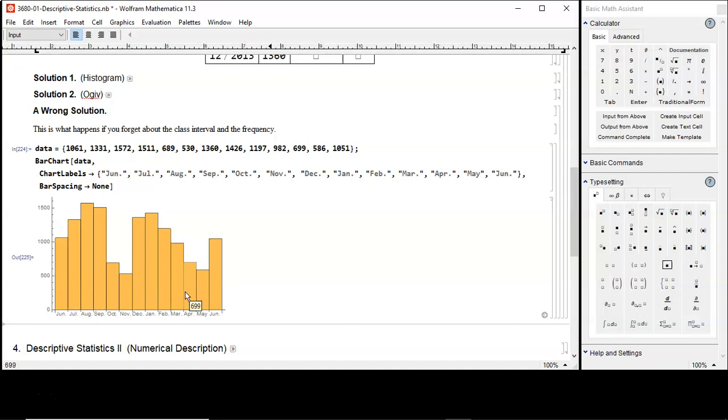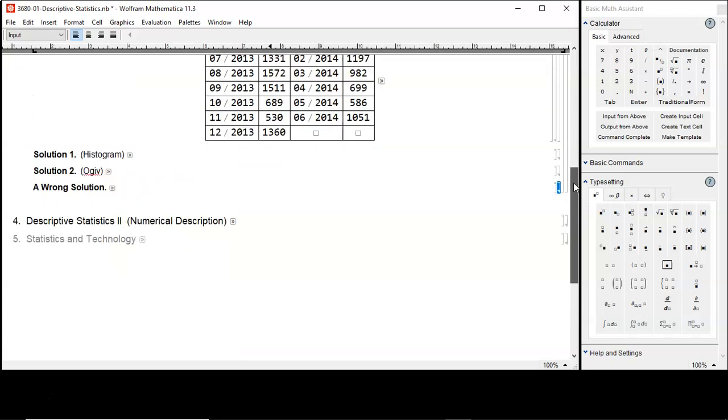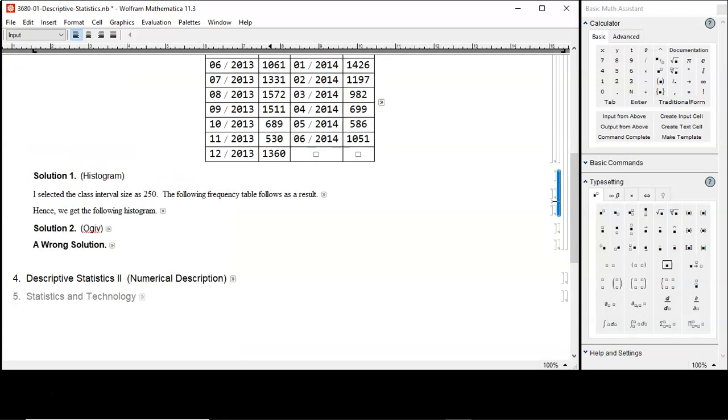This is not a histogram. The width, class interval width, no, I don't see class interval here. They are just months. Frequency, these are not frequencies, these are electricity use. So this is not a histogram, just a bar graph, but everybody did it this way and got score 0. That's why I wanted to show you this.